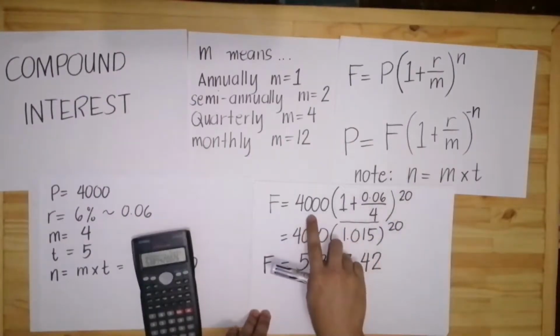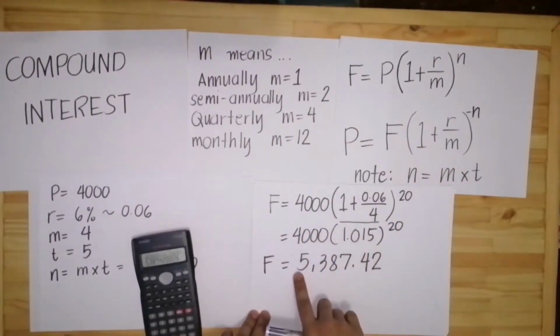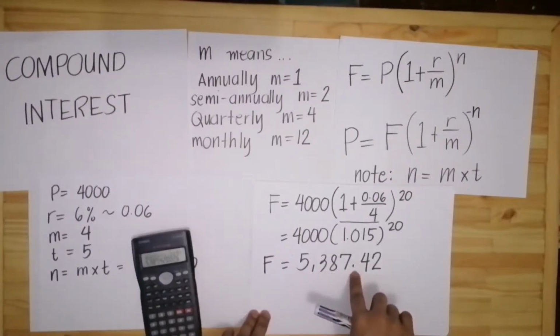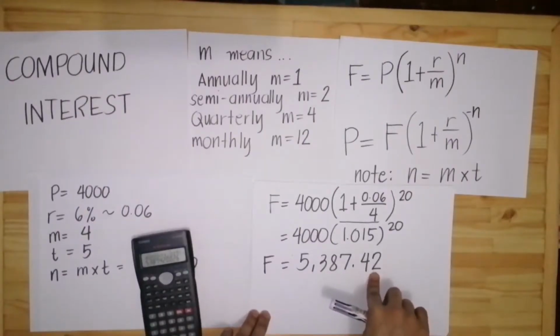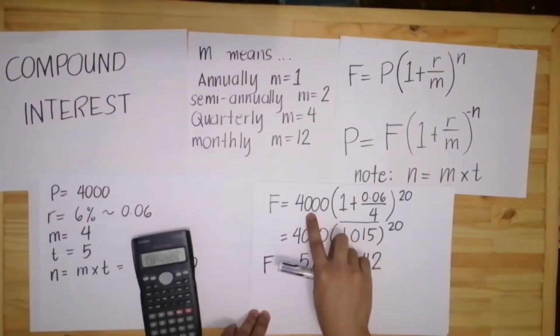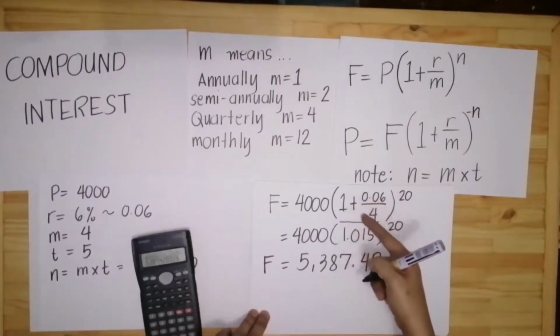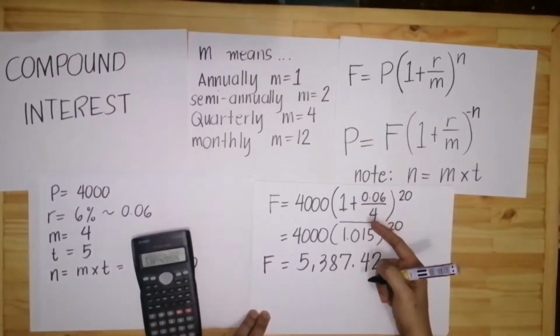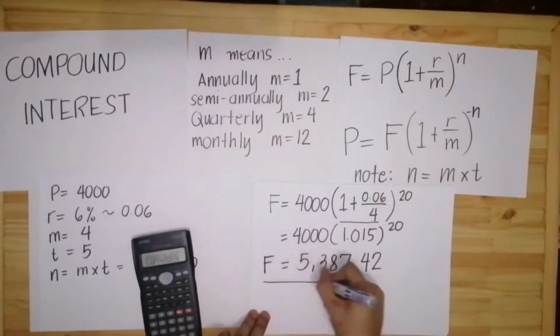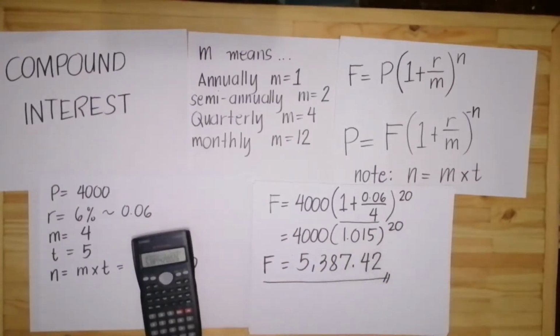Kapag nag-deposit ka daw ng 4,000, magiging future value mo ay 5,387.42. So you have to expect higher value than the present value. Kasi nga future value, dapat lumaki yung pera mo kasi merong interest, compounded interest na tinatawag. So this is your maturity value or the compounded amount.